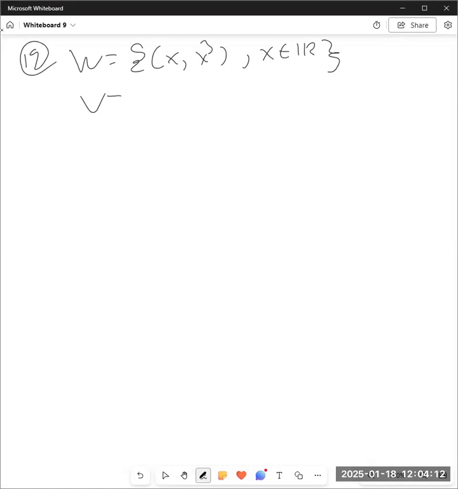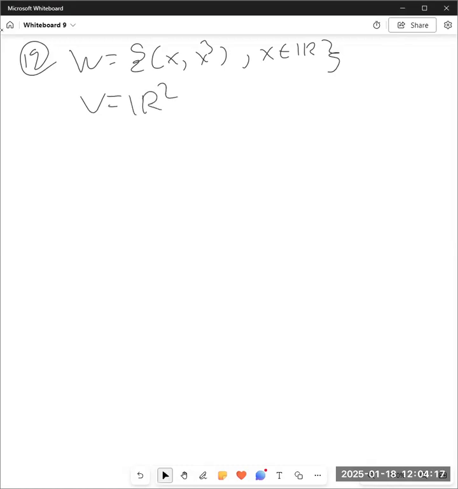So let's go ahead and look at number 19 next. 19 says W is the set of all vectors in R2 whose second component is the cube of the first. So W equals the set of all (x, x cubed), x being an element of the real numbers. And V is equal to R2.